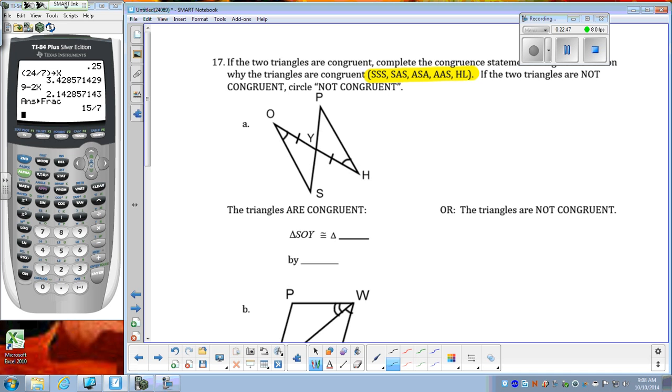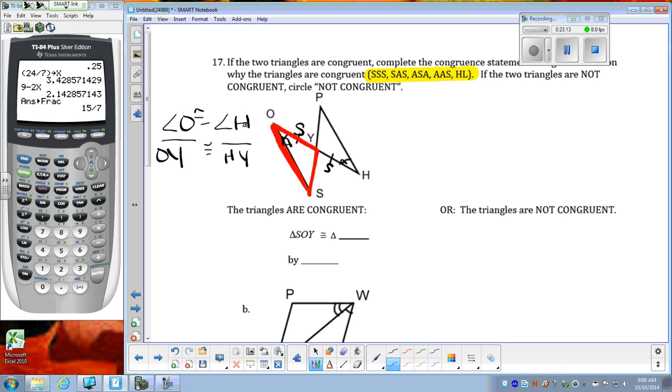In triangles, I have SOY. That triangle. Well, in triangle SOY, I know I have a congruent angle. I know angle O is congruent to angle H. I know OY is congruent to HY.